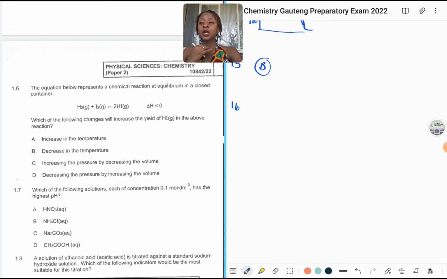Now it says, which of the following changes will increase the yield of hydrogen iodide in the above reaction? Remember, if you have an exothermic reaction, when you decrease the temperature, you are increasing the yield of your products. So it's forward favored.